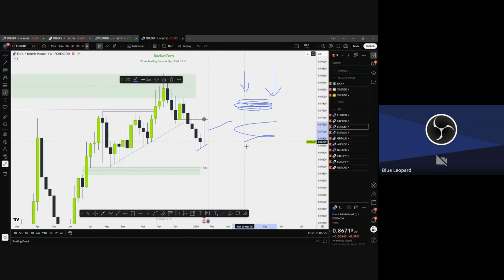It will come down. Okay, so if I'm pulling and pushing at the same time, this will squeeze. But if I take off this force, the spring will do what? It will go down straight. Okay? That's what is happening on Euro GBP.